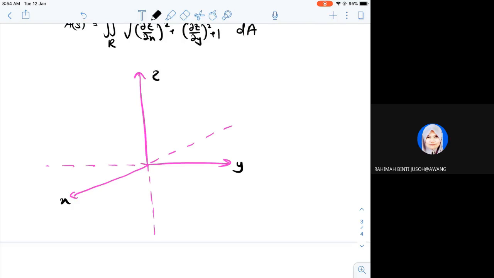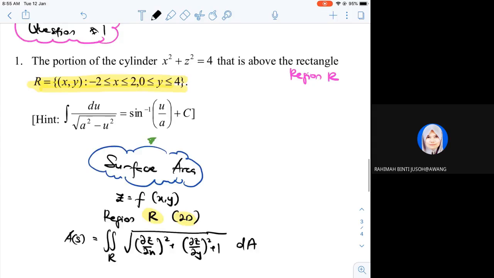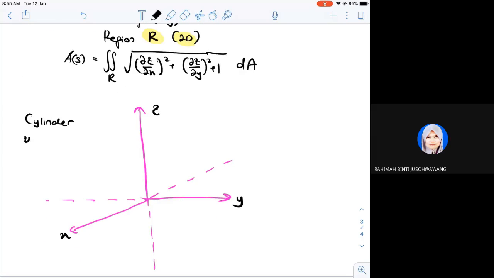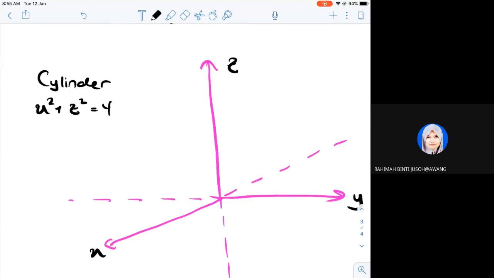X, Y, Z. Okay, we have a cylinder. What did it say just now? X squared plus Z squared equals 4. So, there is no Y in this equation of the cylinder, right? So, which means that the cylinder must be parallel along which axis? Y axis.